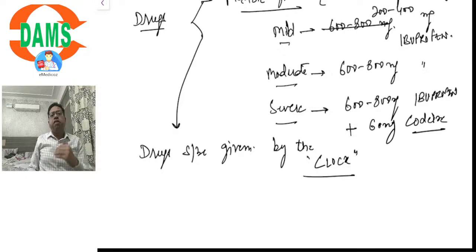Because if the pain onsets, it would be difficult for the oral drugs to take control of the pain. A lot of time would be required for them to act. So it is better that the episode of pain should be inhibited before onset only. For that, the drugs should be given by the clock.